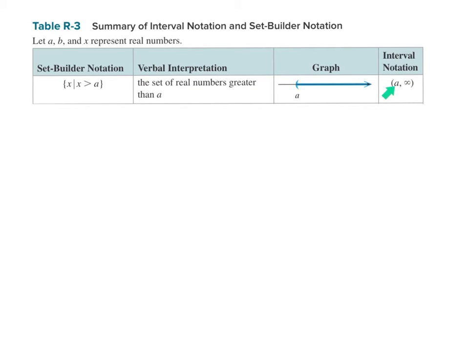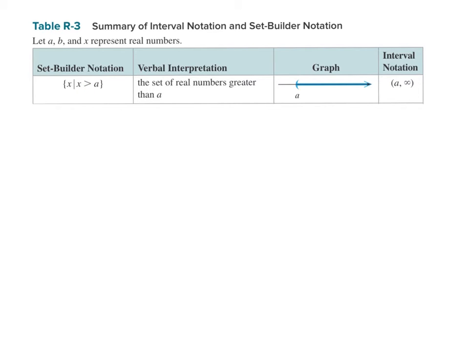Interval notation means, okay, so in this case, this is x is greater than a, which means a is not included, it's bigger than a. And so the way that we signify that is we signify it using a parenthesis. Okay, so greater than a means a or bigger, and it keeps going on and on forever. So a to infinity.